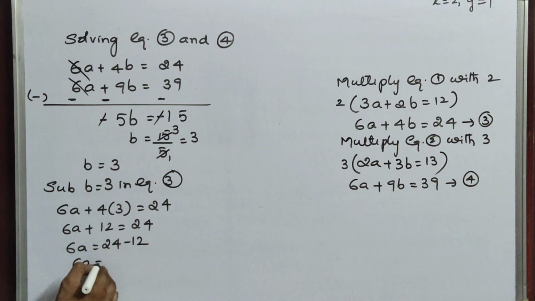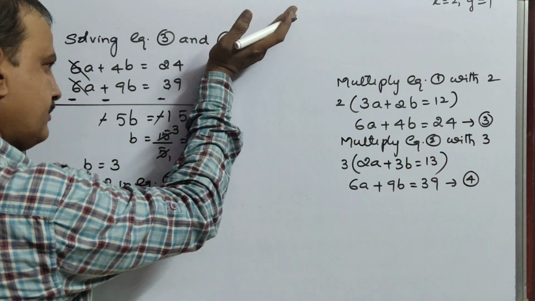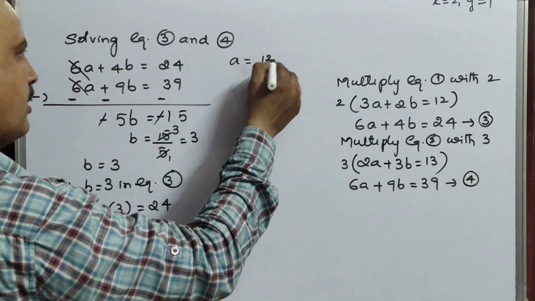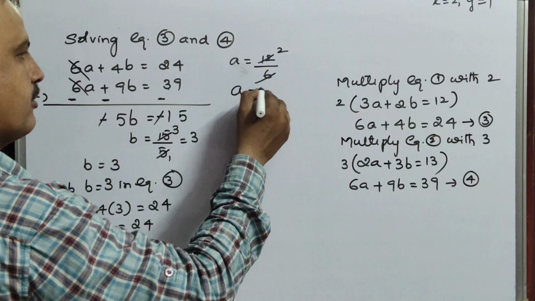That is 6a equals 12. That means you got a value now. a equals 12 by 6. 6 ones are 6, 6 twos are 12. So a equals 2.